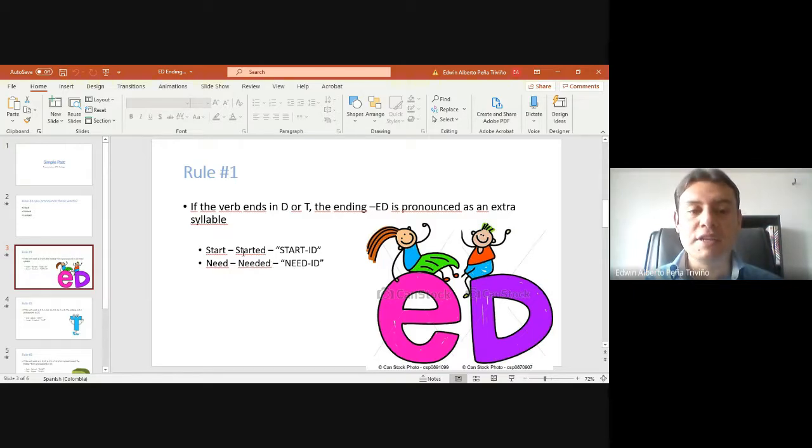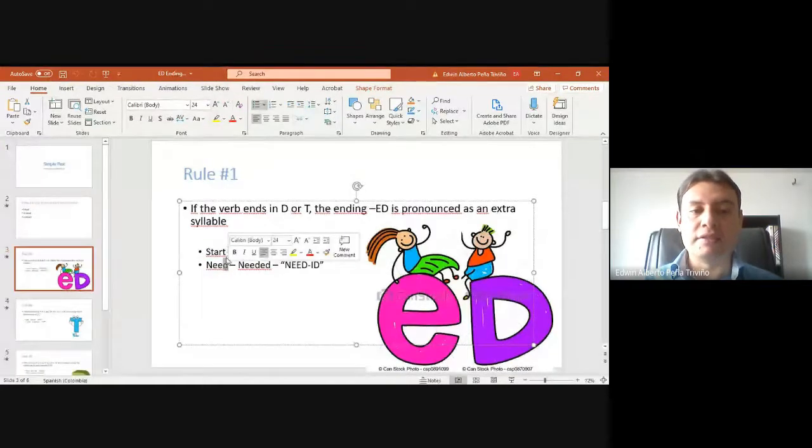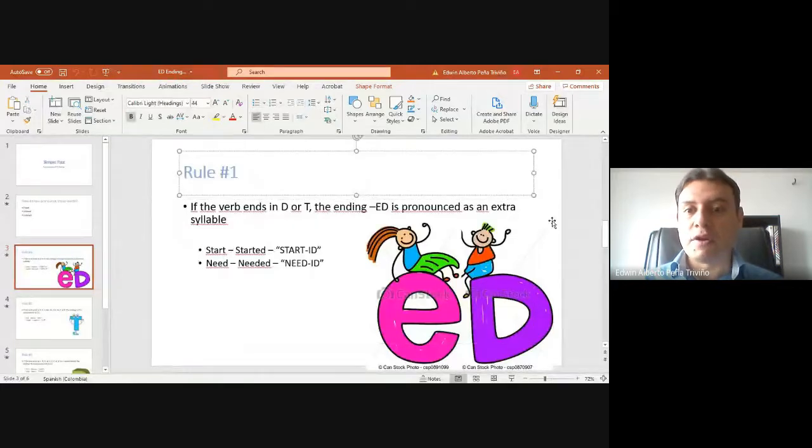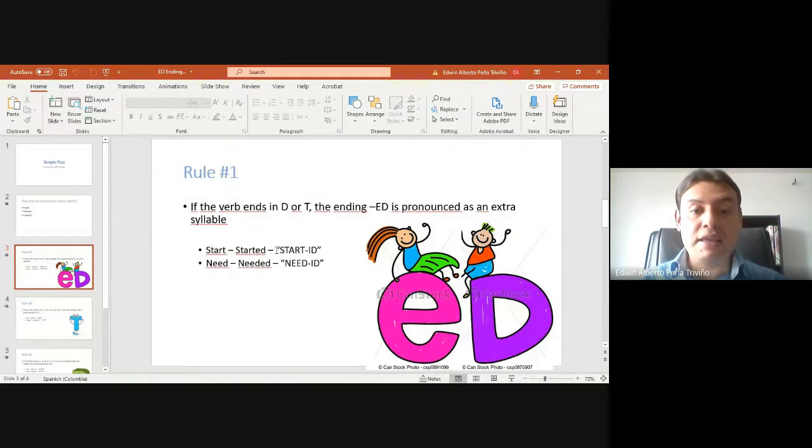Why as an extra syllable? Because the verbs start and need end in the letters T or D. So remember, if your regular verb in past has the final ed and a final T or a final D before the ed, you are going to pronounce this as id. Started, needed. It's an extra syllable that you pronounce there.